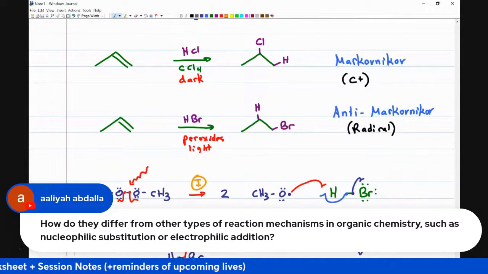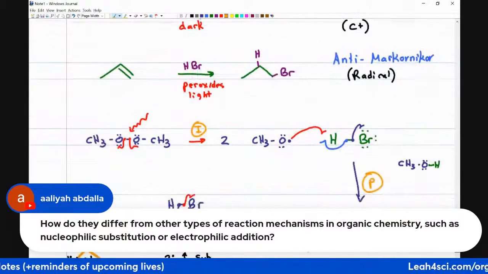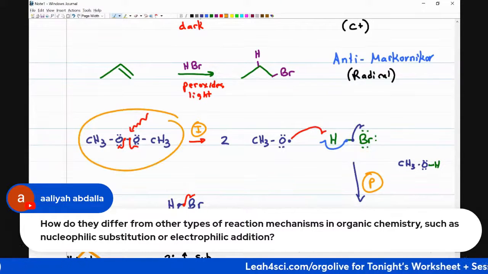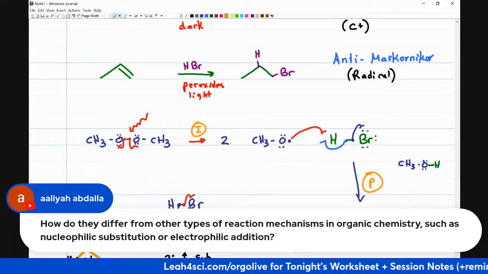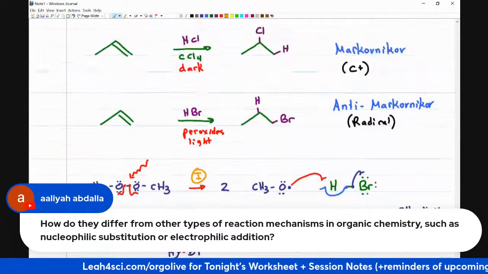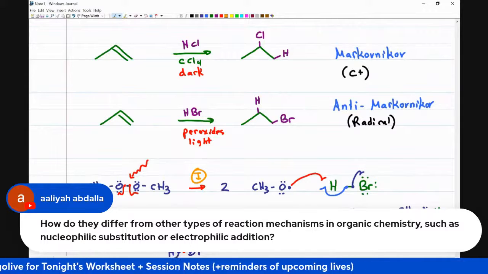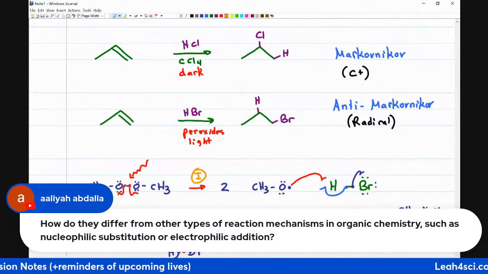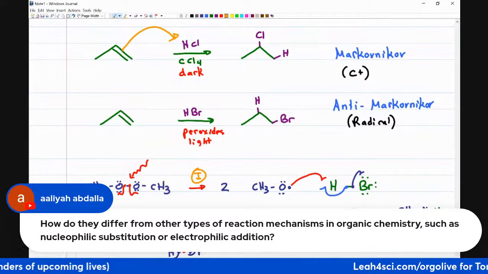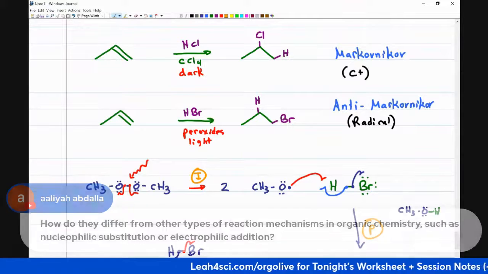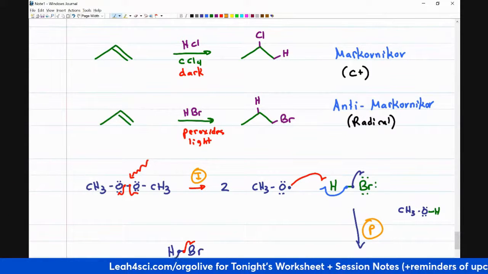The way that you know the difference when you look at the mechanism is in terms of how it's initiated. We have the peroxides which form a radical, and the fact that you have radicals going throughout. In the dark reaction, you don't have enough energy through heat or light or something unstable to form that radical. And that's where you have to do the double-headed arrow so that you can show a carbocation for a completely different type of mechanism. So I hope that answers your question.